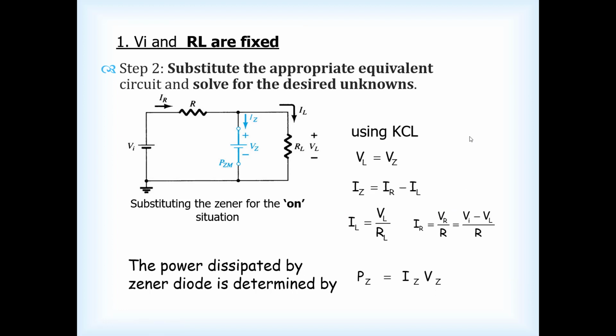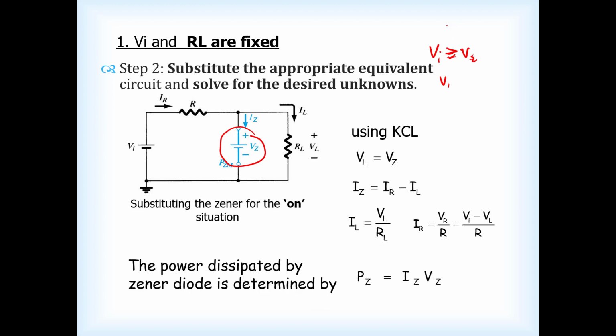All right. Step 2: substitute the appropriate equivalent circuit and solve for the desired unknowns. Why do we assume that this is a voltage source? This is due to the property of the Zener diode. When V in is greater than or equal to Vz, the Zener diode will act like a voltage supply, whereby it will maintain the voltage.